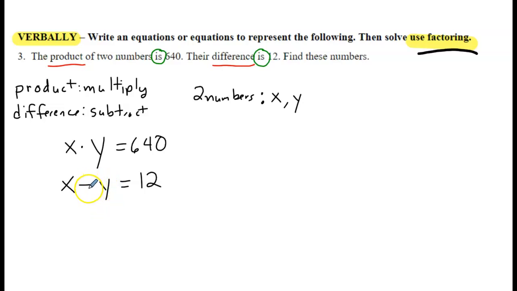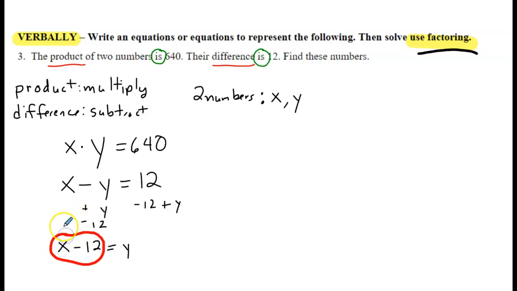If I add y to both sides and subtract 12 from both sides, we get x minus 12 is equal to y. The reason we did that is that now I can take this x minus 12 and substitute it in for the y right there.